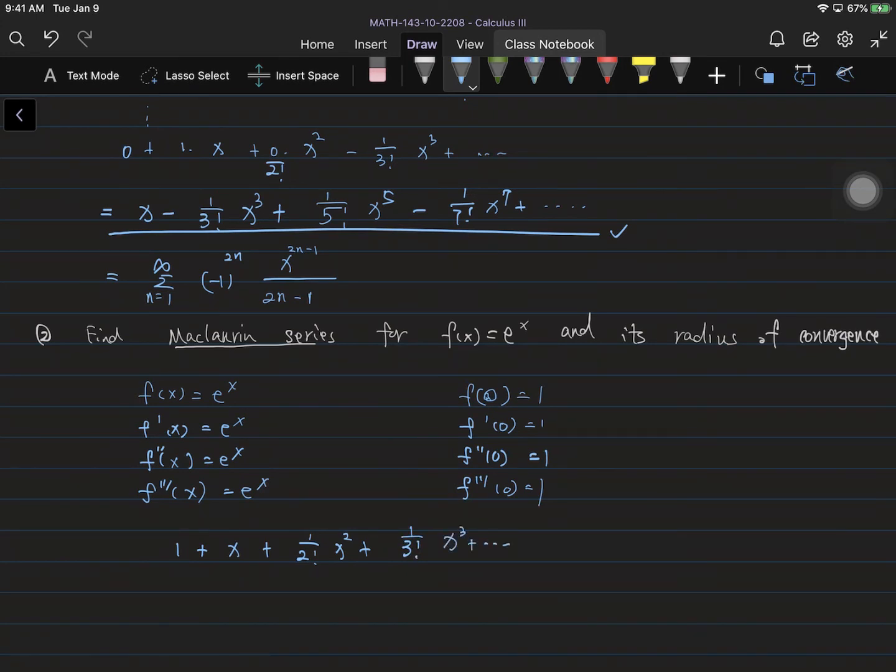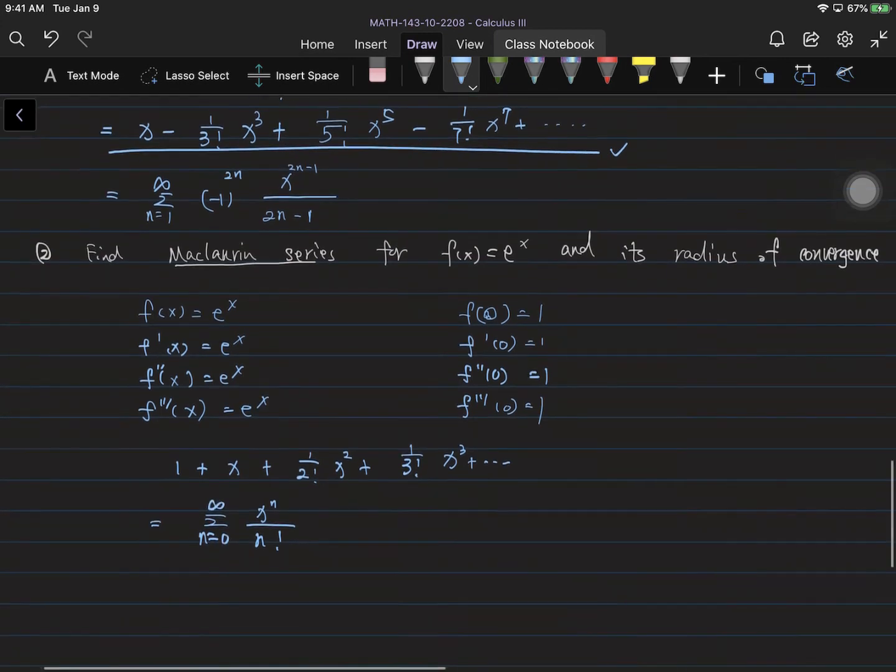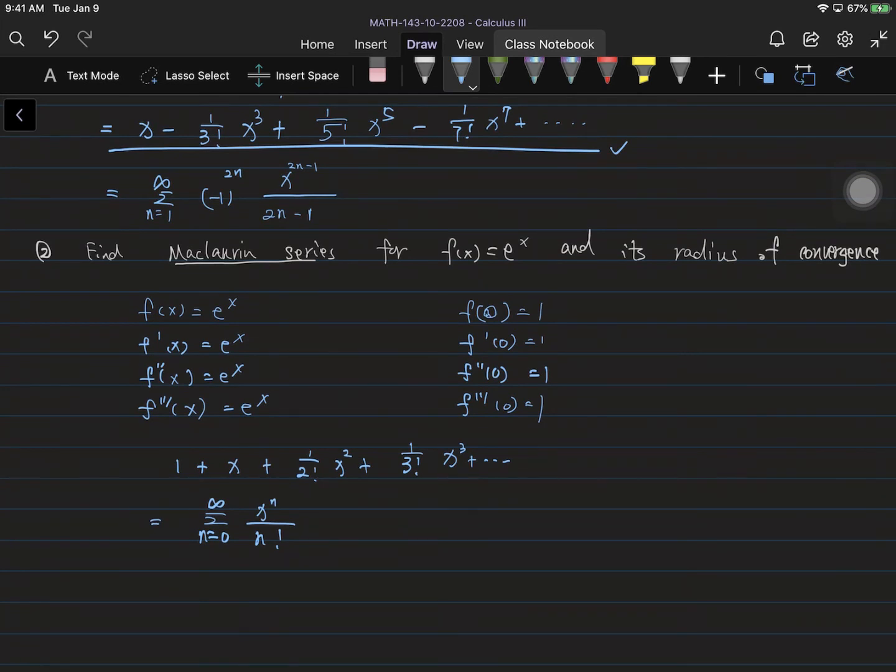If we write the sum notation, it's going to be x to the power n over n factorial, and n starts from, because the first term is 1, 0 to infinity, like this, right? So this is the Maclaurin series of e to the x.